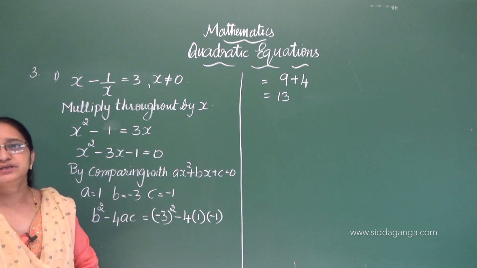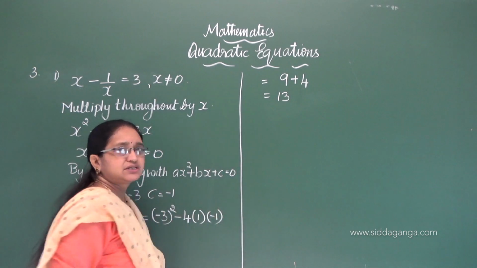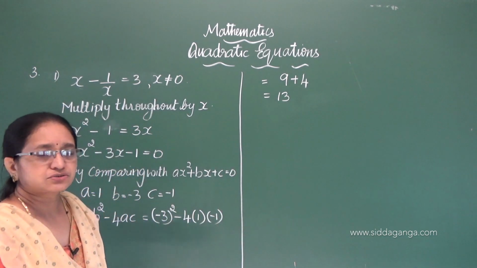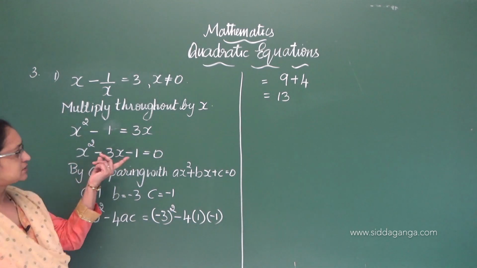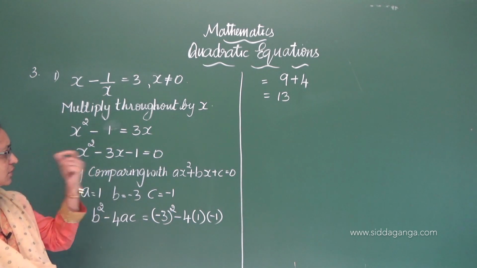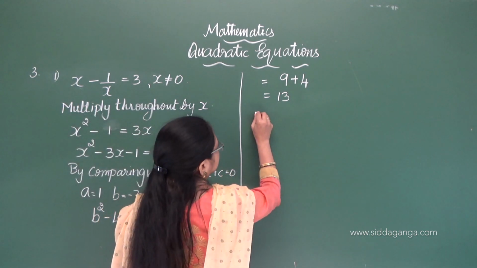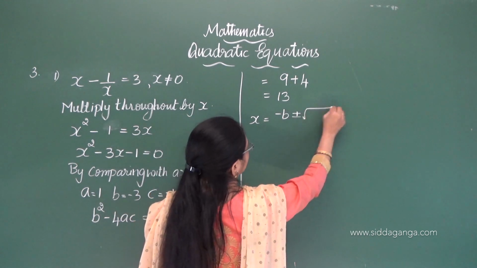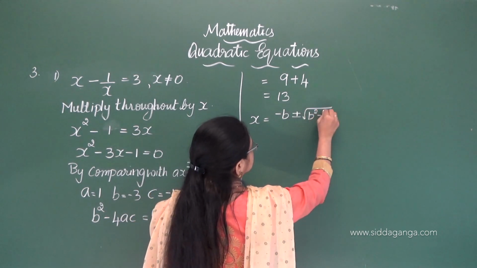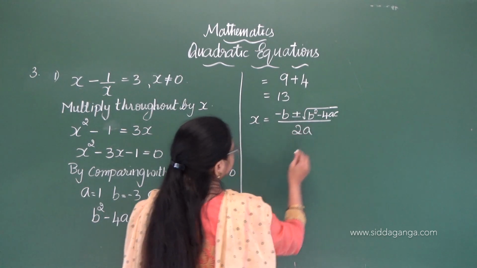Now the next step, you have to apply the quadratic formula, and definitely it is greater than 0. So the real roots exist, and I am telling you, you can solve in any method. So here x is equal to minus b plus or minus root of b square minus 4ac divided by 2a. This is the formula.